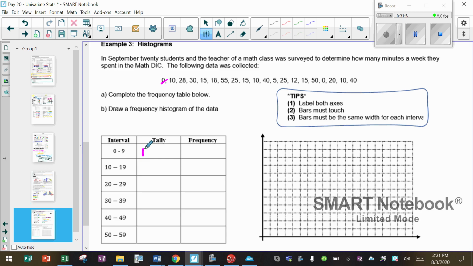0 is in the range 0 to 9. 10 is in the range 10 to 19. 28 is in the range 20 to 29. 30 is in the range 30 to 39.